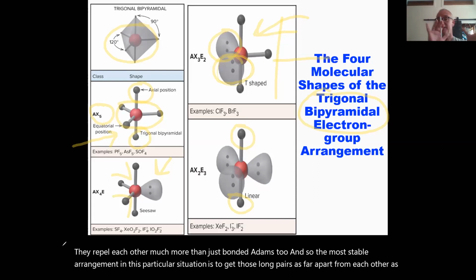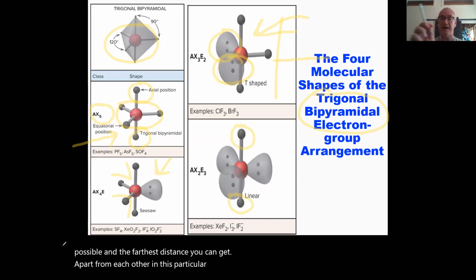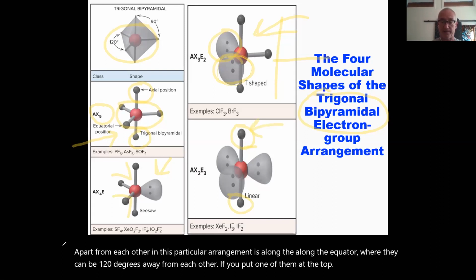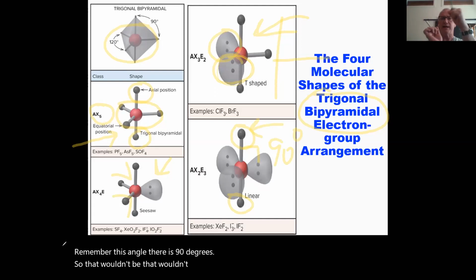The farthest distance you can get apart from each other in this arrangement is along the equator, where they can be 120 degrees away from each other. If you put one of them at the top, remember this angle there is 90 degrees. So that wouldn't be as stable. You get a lot more repulsion due to those lone pairs being there.